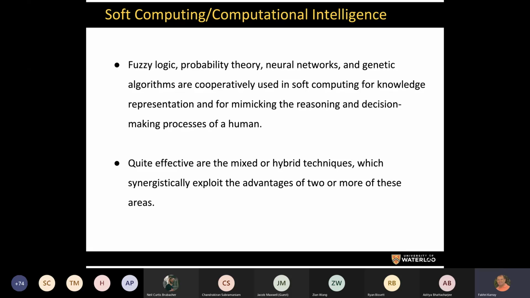Of course, our system could be built using neural network systems or powerful machine learning tools, but we are going to see as well that in certain cases where the process is extremely complex, where the process requires a certain type of perception, knowledge representation, then it is better to include machine learning tools with fuzzy logic tools and genetic algorithms to cooperatively work together to develop an intelligent system.